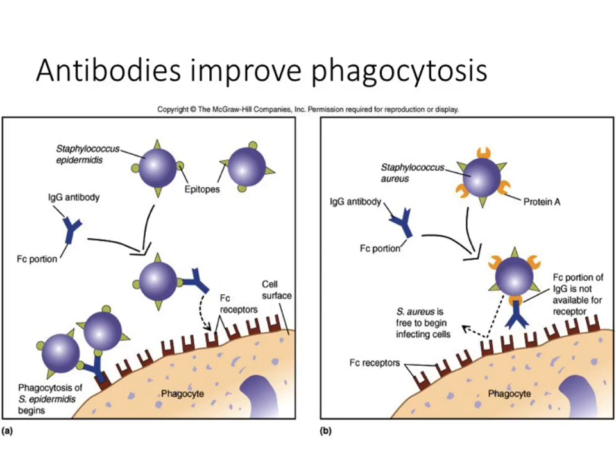B cell receptor, absolutely, that's one. And what's the function? Secrete antibodies. That's the main function. Yes, they can function as phagocytes, but they are not doing that as quickly or as often as we find with macrophages. It's really a means to an end there.